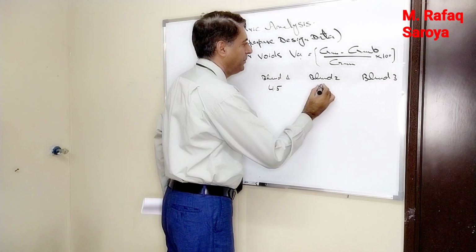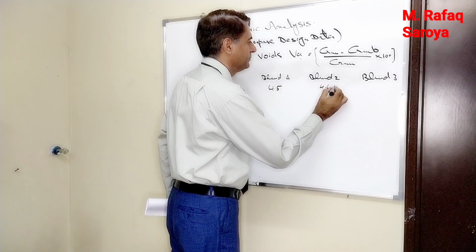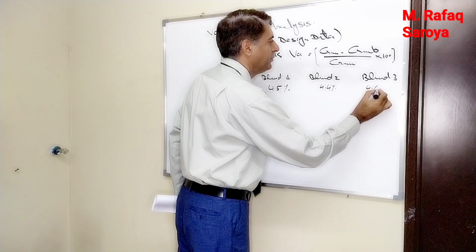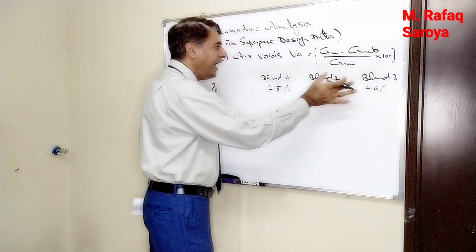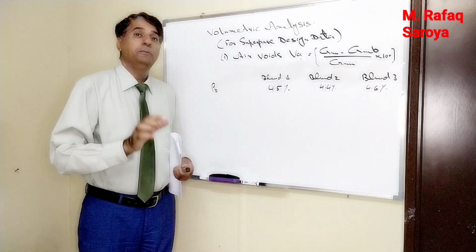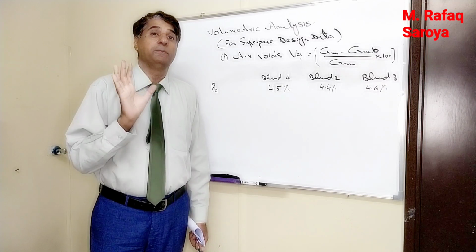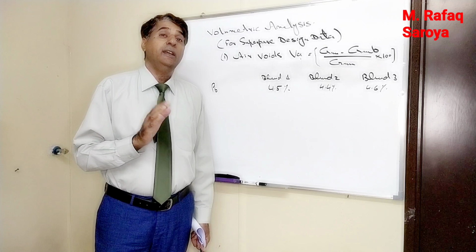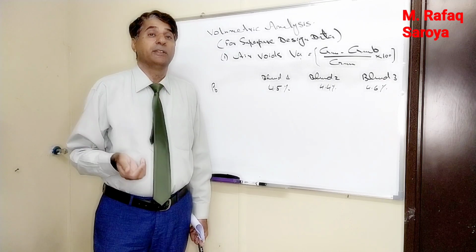In blend 2, 4.4%. And in blend number 3, 4.6%. Although we have not used this here, it is just written for your information, to show which blend has which value.